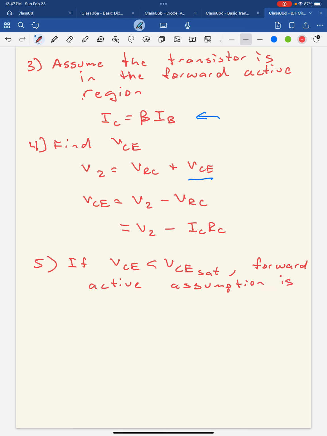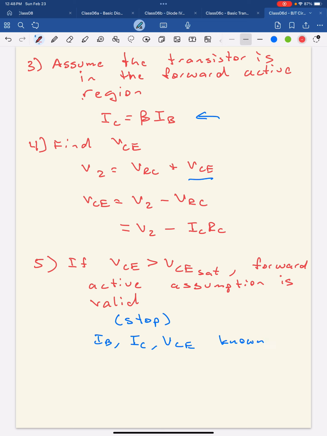I'm going to actually do greater than. So if VCE is greater than that saturation voltage we talked about, it is valid, and we're done. So we can stop. We found IB, we have found IC, we found VCE. IB, IC, and VCE are known.